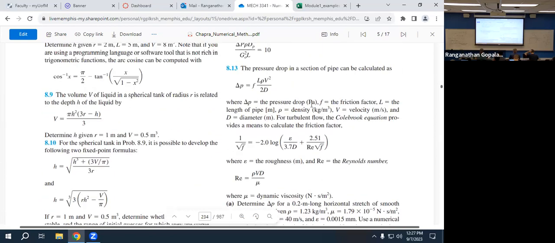So let's look at problem 8.13. It's the same problem. Let's try to set up the equation, and then I think by the time we'll be out of time. So read it, please. Read the problem 8.13.